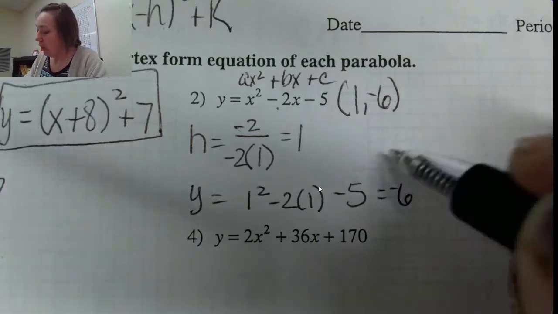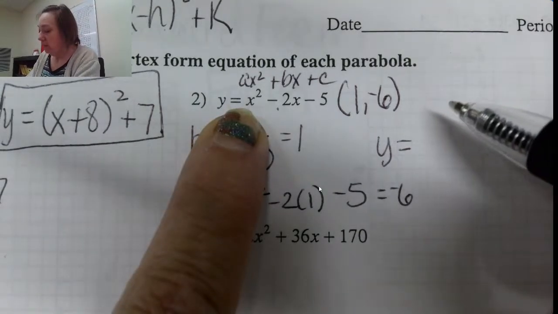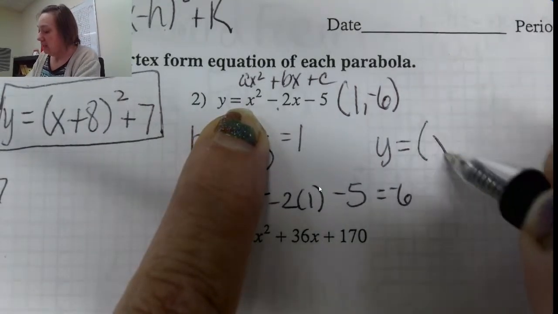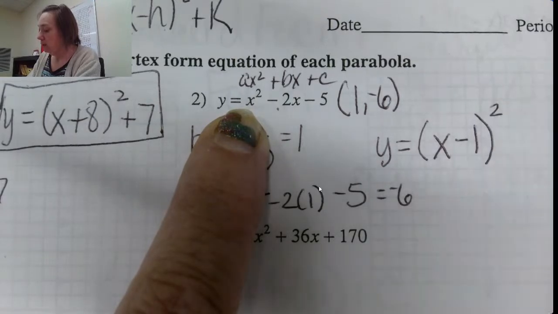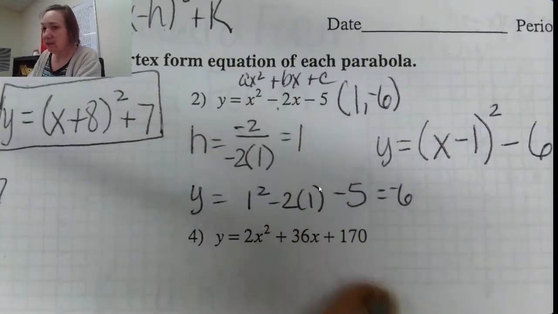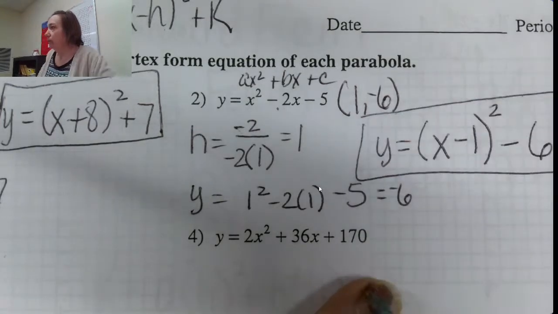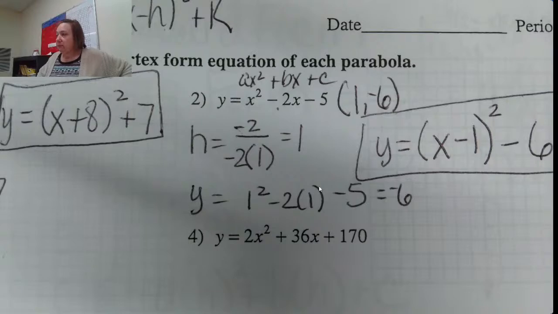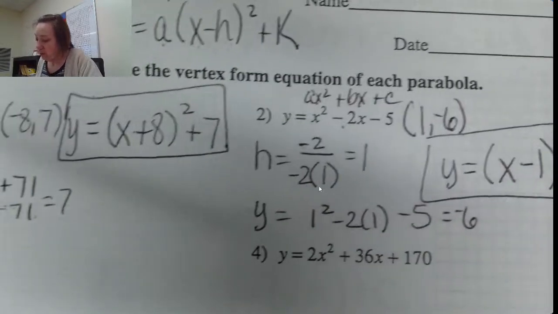So we're going to have y equals, our a again was 1, so we don't have anything, x minus 1, close that parenthesis, squared, minus 6. Why is it minus 6? Because it's a negative, and that's vertex form. Make sense? Okay. Y'all think y'all can do a few? I want y'all to do 3 through 7.